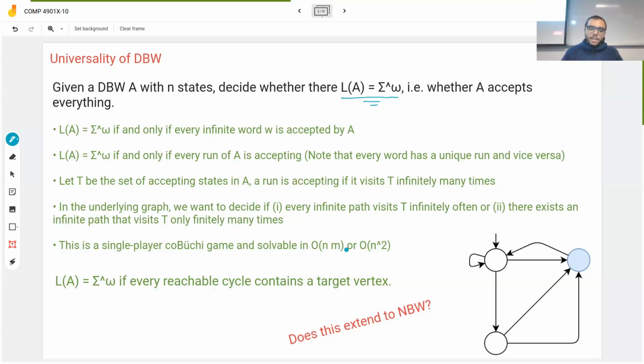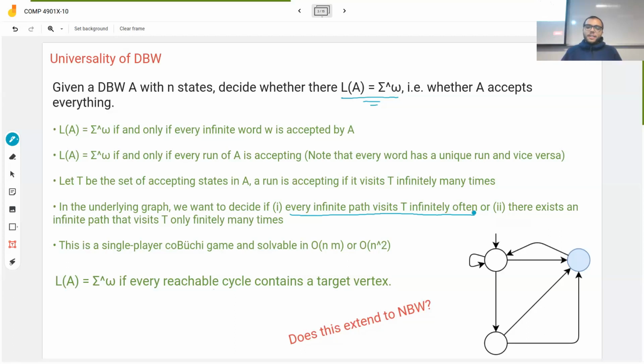Okay. But another way of looking at this is that I want to figure out if every infinite path visits T infinitely often, right? So consider an infinite path. I have a finite graph. Since I have a finite graph, this infinite path has to go through a lot of cycles, right? It actually has to go through infinitely many cycles, because there is at least one vertex that is seen infinitely many times.